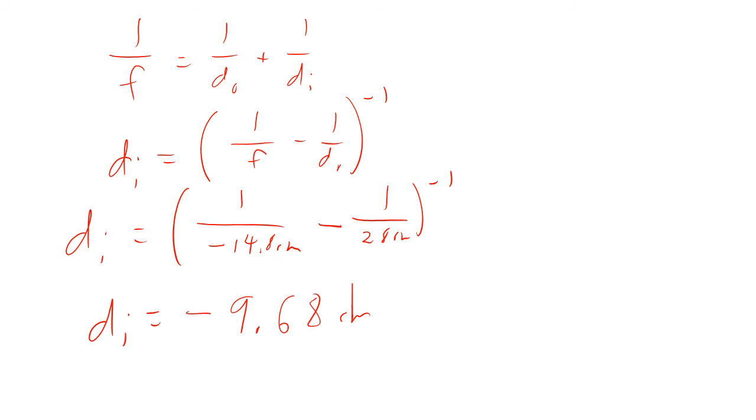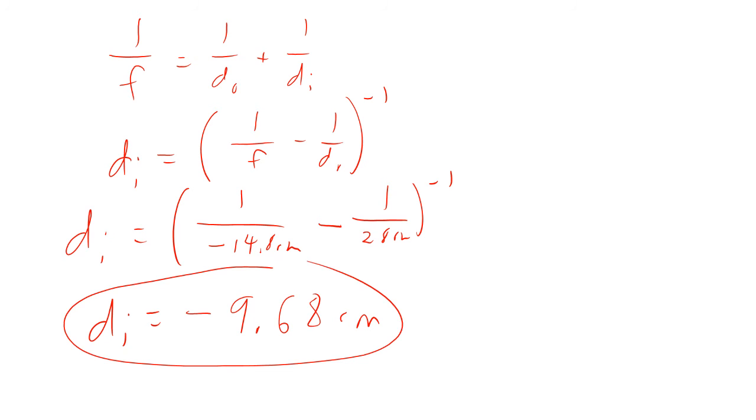So in this case, it is minus 9.68 centimeters. Well, what's the magnification? Magnification is minus di over do. So that'd be negative 9.68, negative, divided by 28.